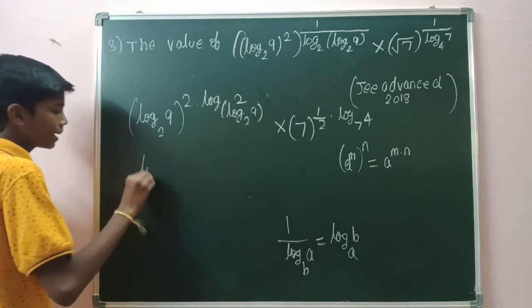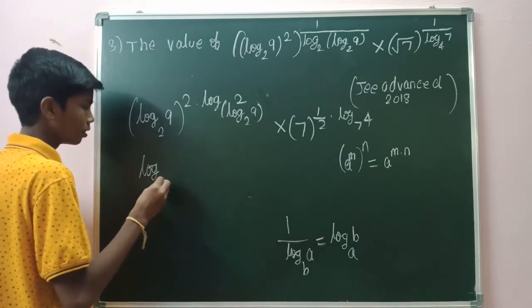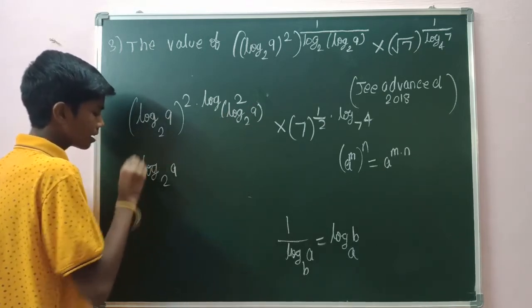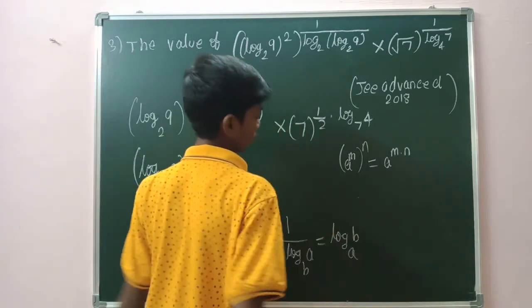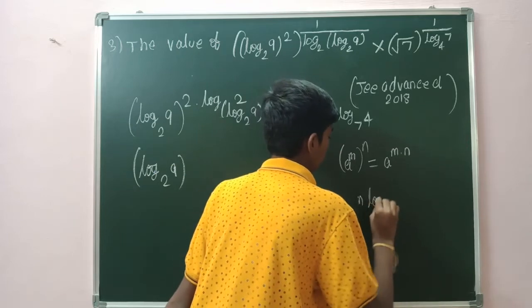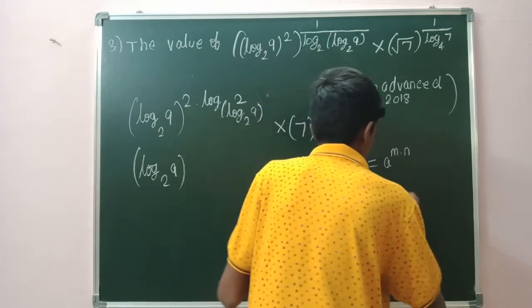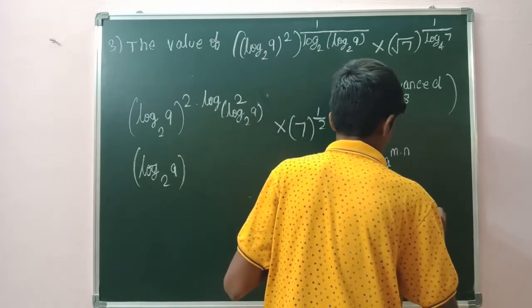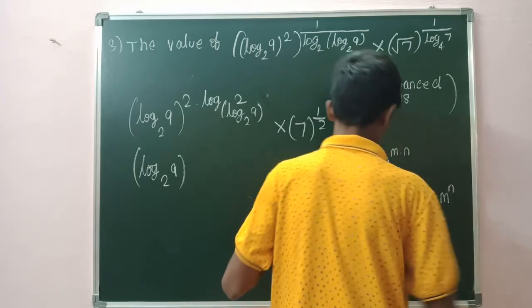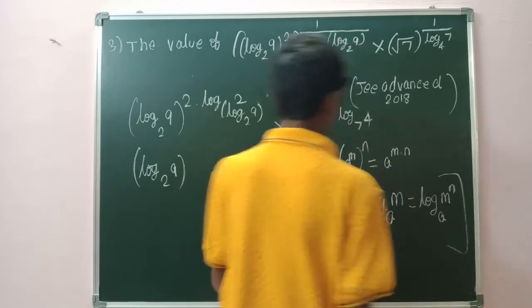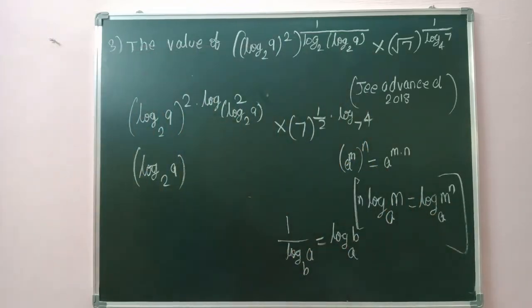So listen, I can write this as log to the base 2 of 9. So you know this now. n into log to the base a of m can be written as log to the base a of m power n. Correct now? You know this property, right? It's a very important property. It's a higher level property, not easy properties. Okay.